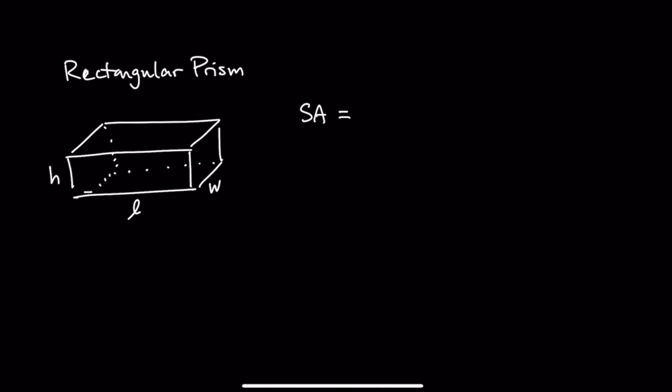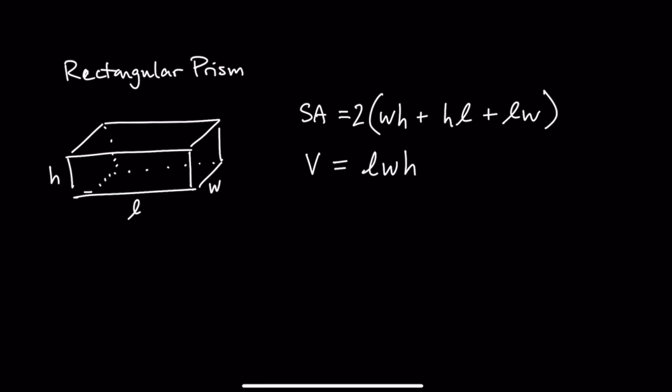So we're going to say there's the width times the height plus the height times the length plus the length times the width. And we're going to have 2 of those because we have 6 sides, 2 times 1, 2, 3 sides. And then the volume of a rectangular prism is going to be length times width times height.